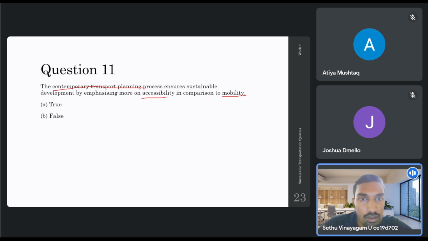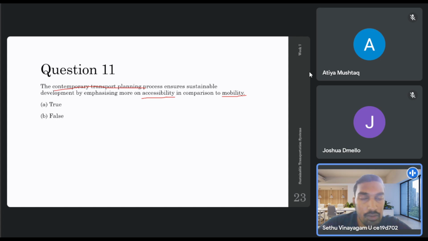Whereas the other aspect is accessibility, which is how convenient or how easy it is for people to reach a particular destination, right? If you make a location more accessible, it means people are able to reach that location more easily and conveniently, right?